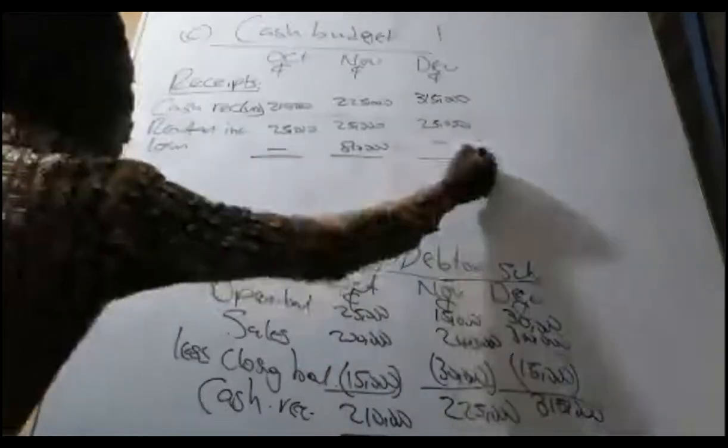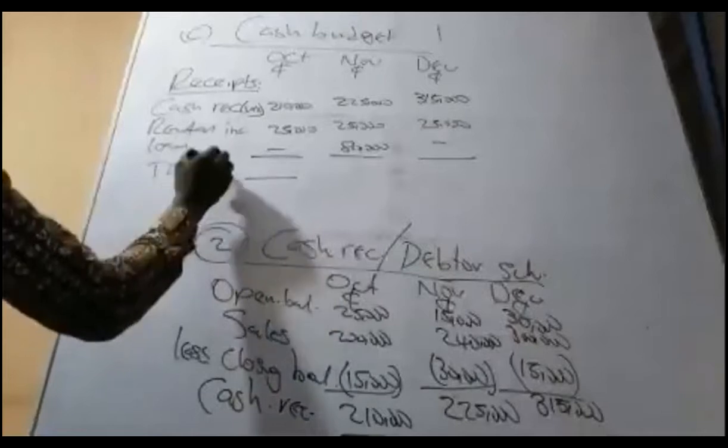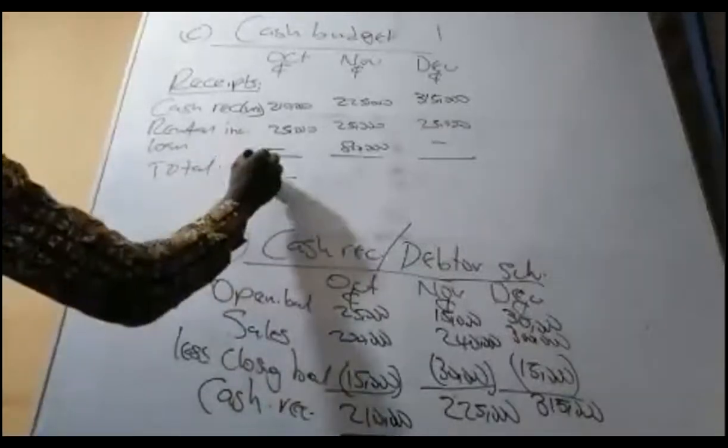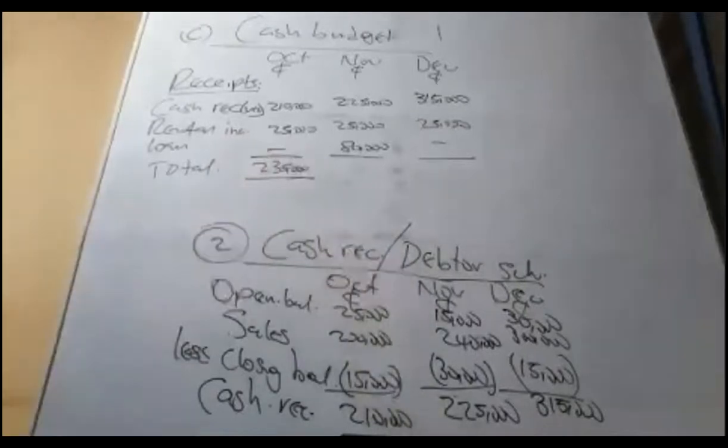You put all of them together to get a total receipt. So total receipts. So this will give me 235,000. So 250,000.